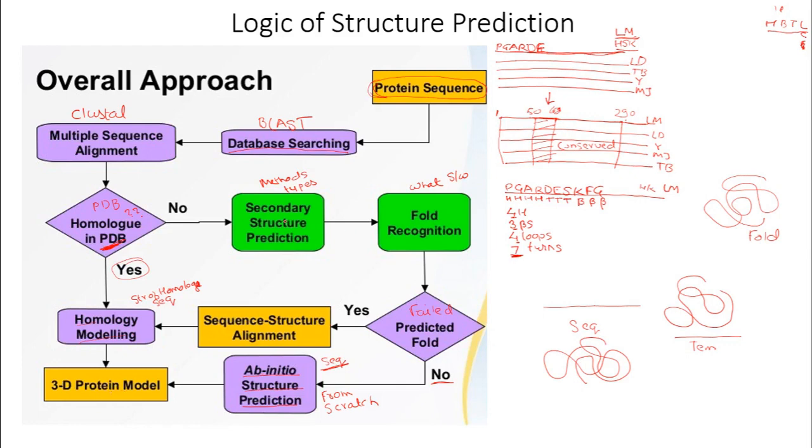And if you somehow fail at everything, then we will talk about ab initio structure prediction in the last lecture. So today you have learned about secondary structure prediction and fold recognition.